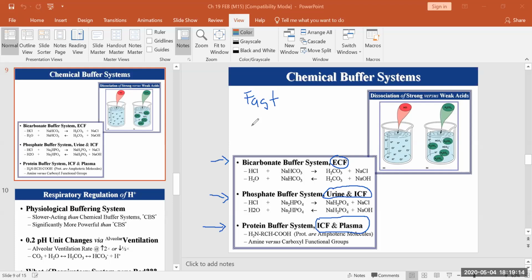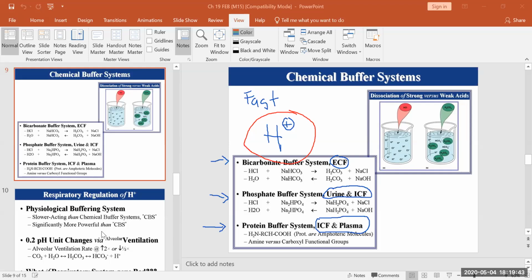They cannot completely eliminate free-floating protons that affect pH, right? It's just a quick fix. It's just shuffling that proton around. The proton is still inside the system.